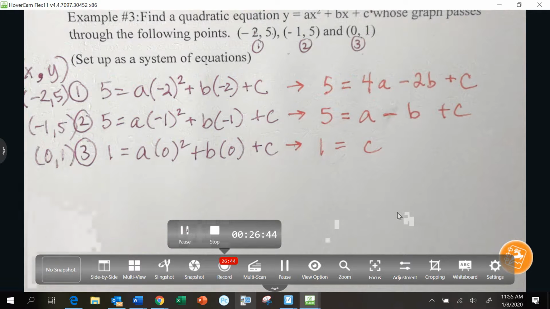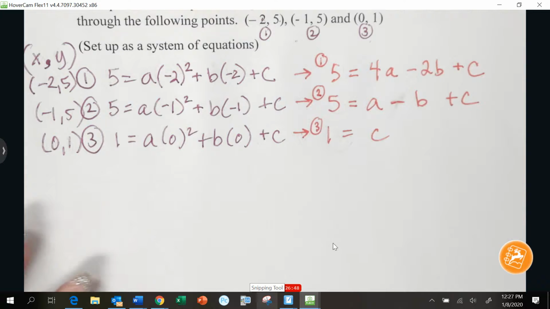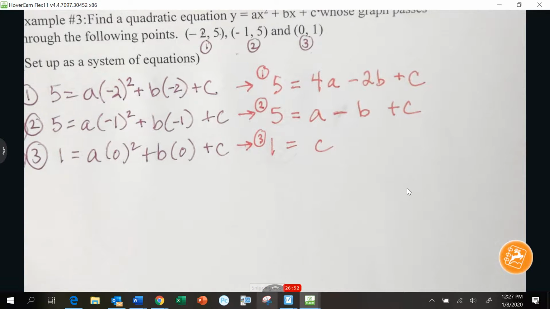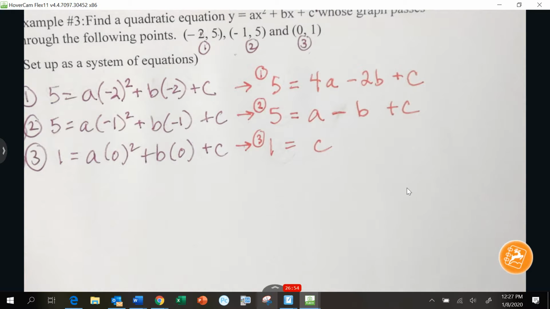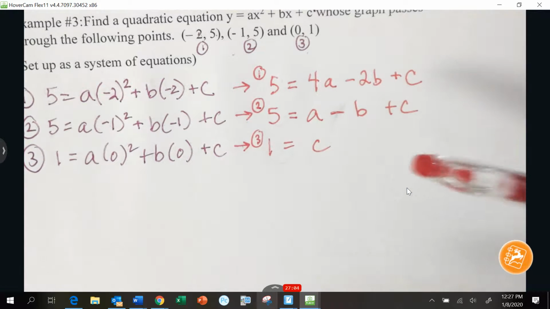Okay, so now we're just going to solve like we did the first few examples. We're going to solve to find a, b, and c. If you look over here, what do you think we should do? Any ideas? Substitute what? C is 1.